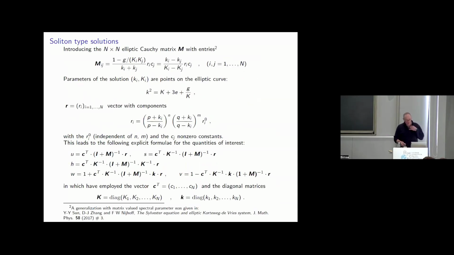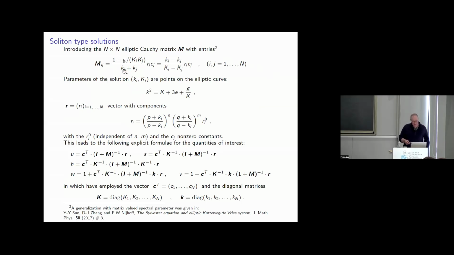Another aspect of the integrability is the existence of multi-soliton solutions, and this can be expressed in terms of a kind of Cauchy matrix representation. So the Cauchy matrix is a kind of elliptic Cauchy matrix, which has this particular form.